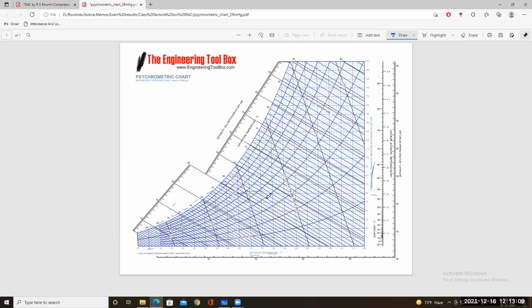These are the specific volume lines shown here. Here is 14 specific volume, this is 14.5 specific volume, this is 15, and 35.5 specific volume like this. This is the specific volume line.